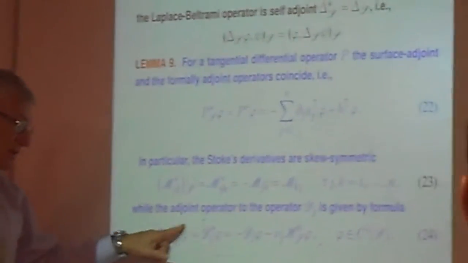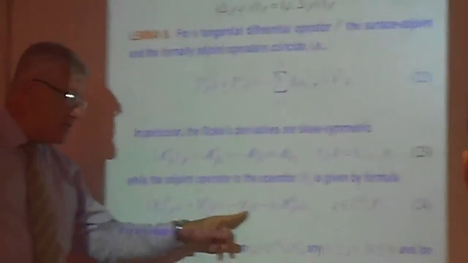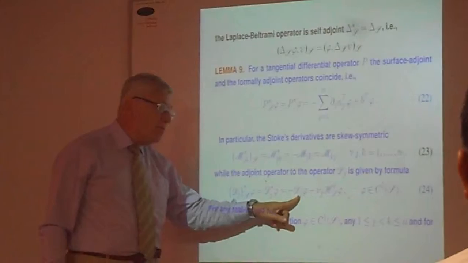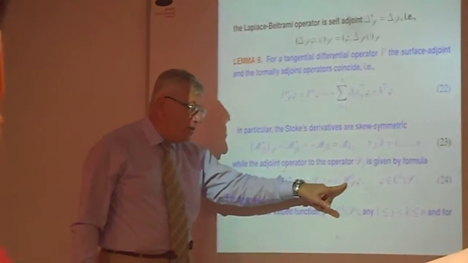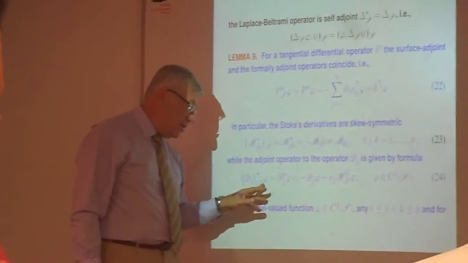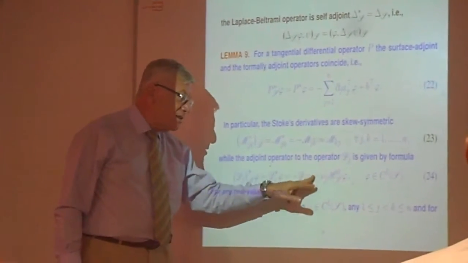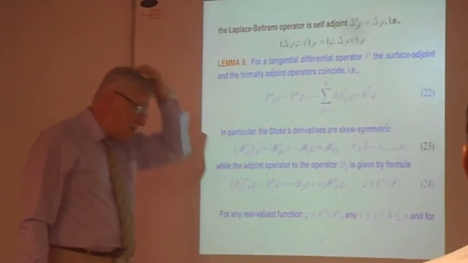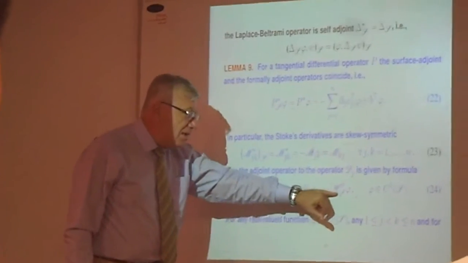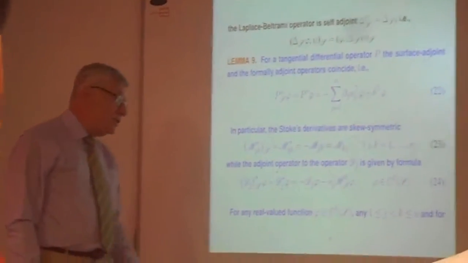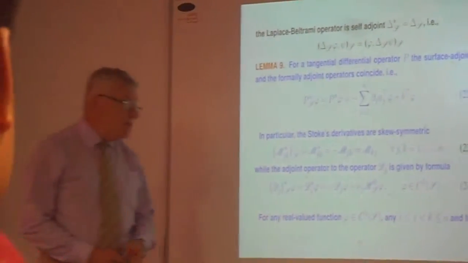The dual operator, adjoint operator to Günter's derivative is minus the same Günter's derivative, but plus something. Function multiplied by function, well, this is the test function. So this addition here is a very interesting function. It's a normal component, of course, but this function simply gives you the mean curvature of the surface.